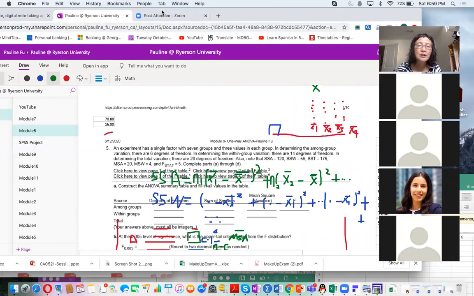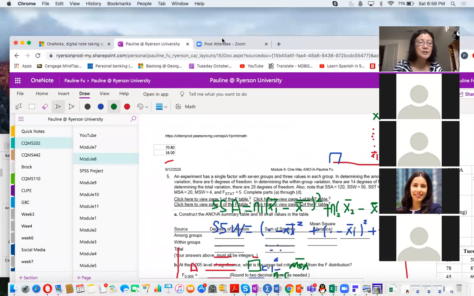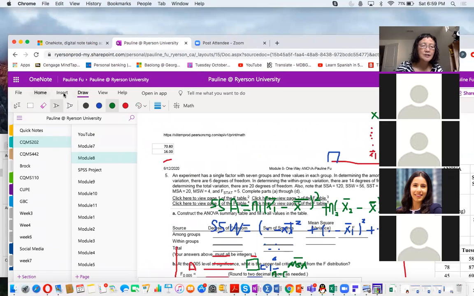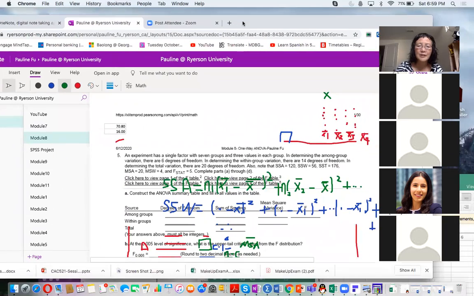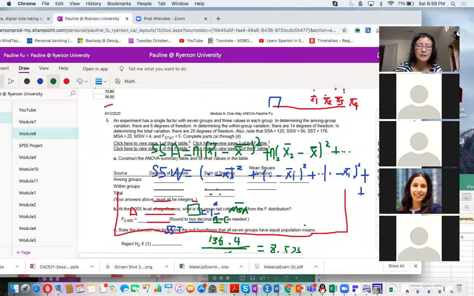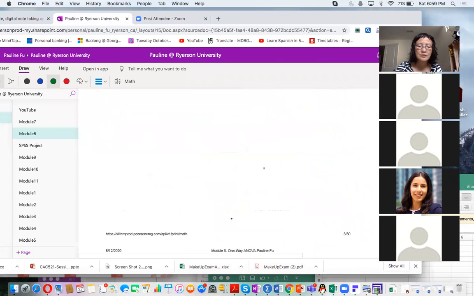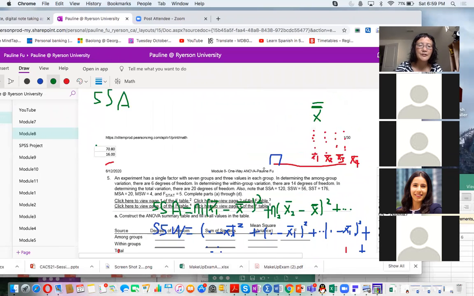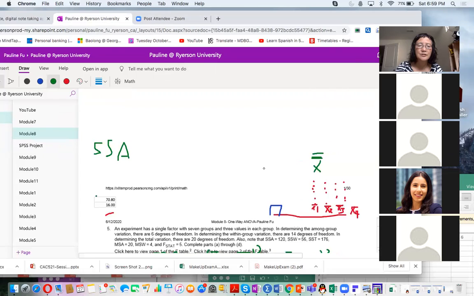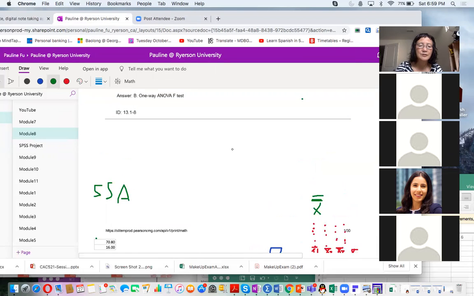So I should have a way to undo it. I did, not here, this is go back. I don't see the original question. Where is my question? It should be here, right? Question 4.